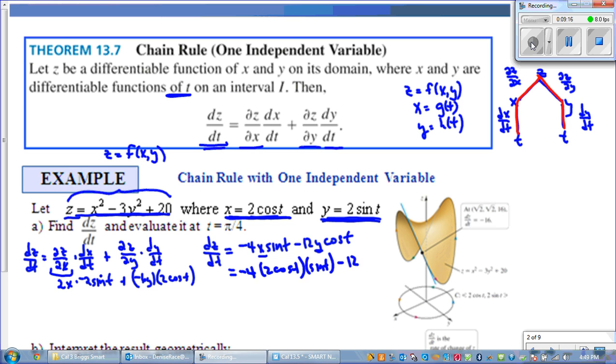Minus 12y, but y is 2 sine of t. So that's minus 8 sine t cosine t minus 24 sine t cosine t. So we have negative 32 sine t cosine t.